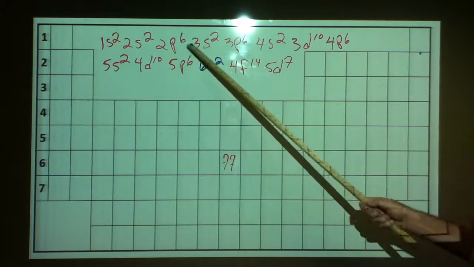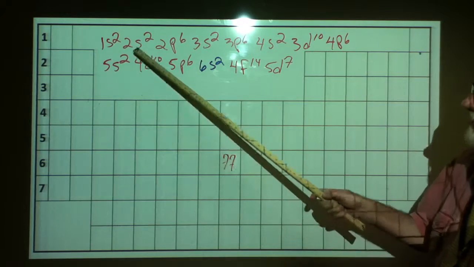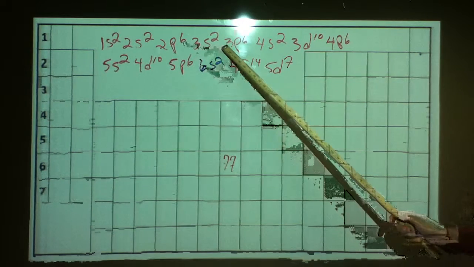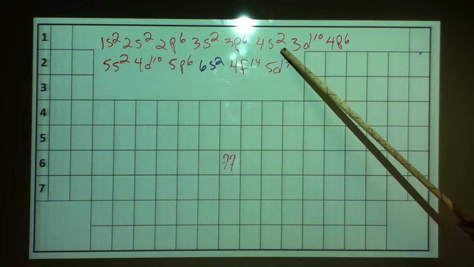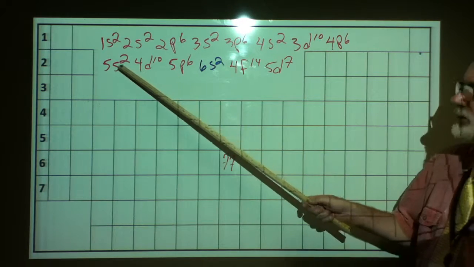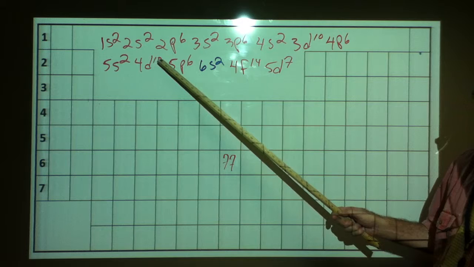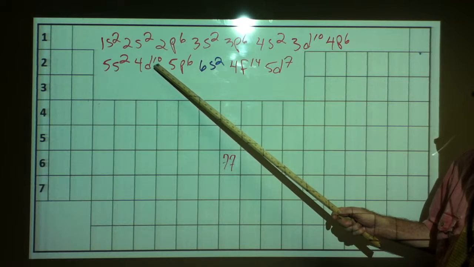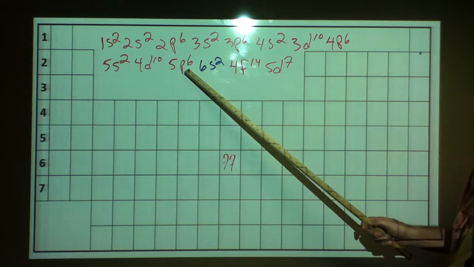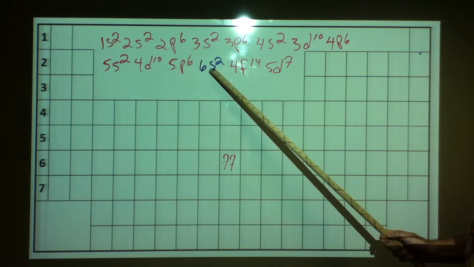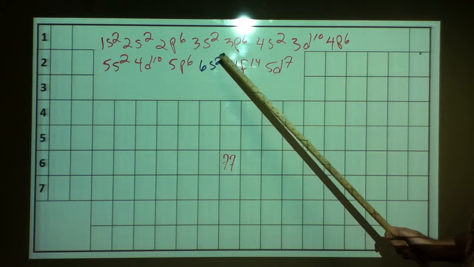So let's add up all of these exponents and see if it adds to 77. So that's going to be 10, right? 12, 18, 20, 30, 36, 38, 48, then what? 48, 54, 56, 56.